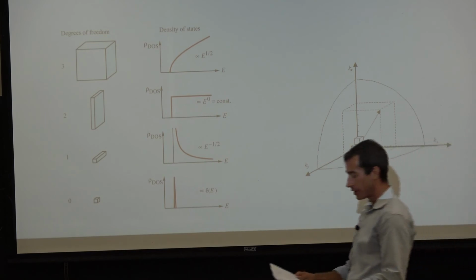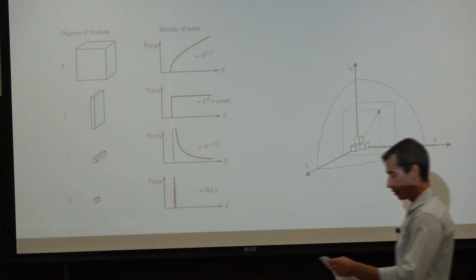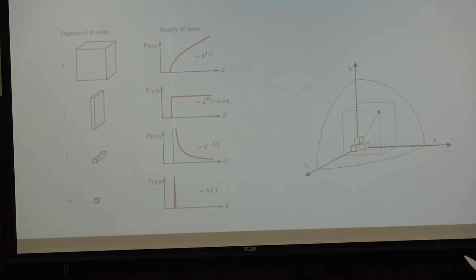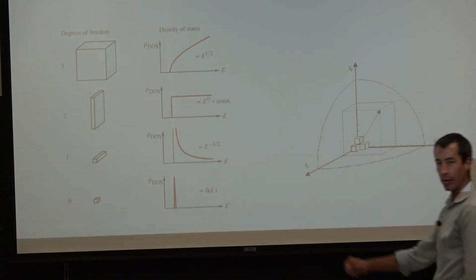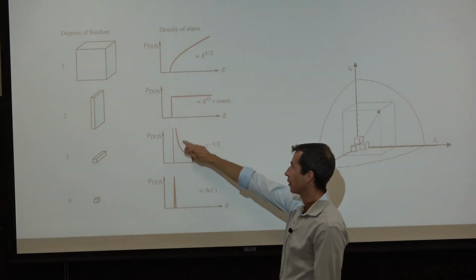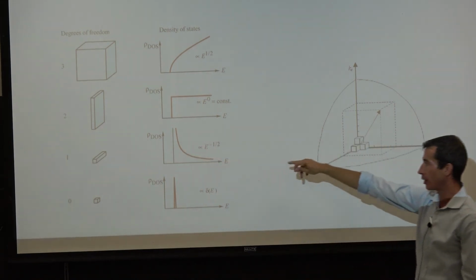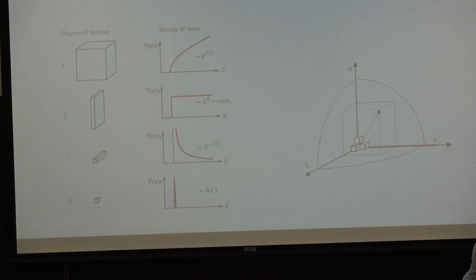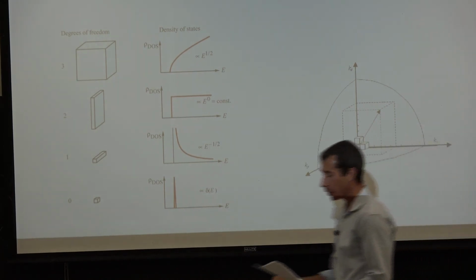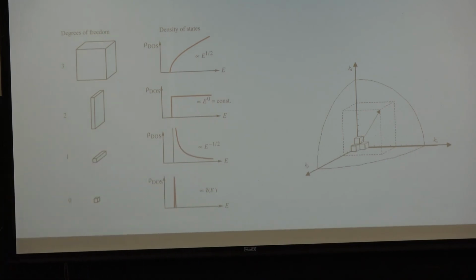Maybe a good homework is to have you derive the expression for a 1D system. It's inversely proportional to the square root of E. Could you imagine what that would look like for a 1D system?